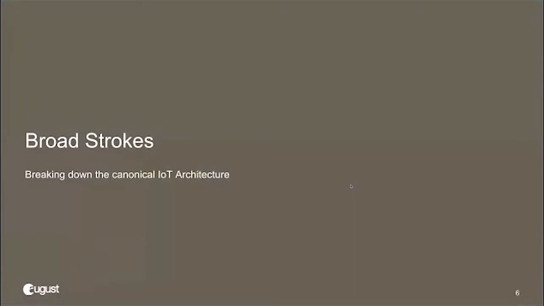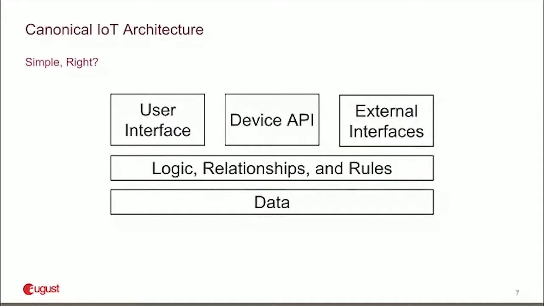So what does IoT look like? Well, we start with, what does IoT architecture look like? We start with the canonical IoT architecture, which really isn't that different from any other architecture. You have a user interface. People need to interact with these products. They need to see the data that they're generating. They need to see how the products have performed.